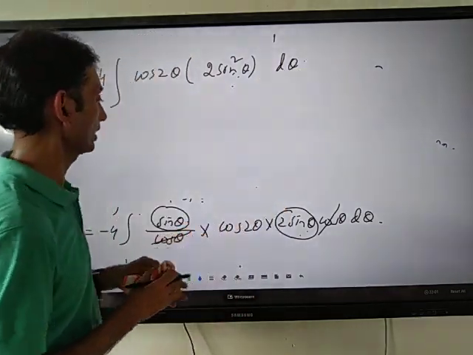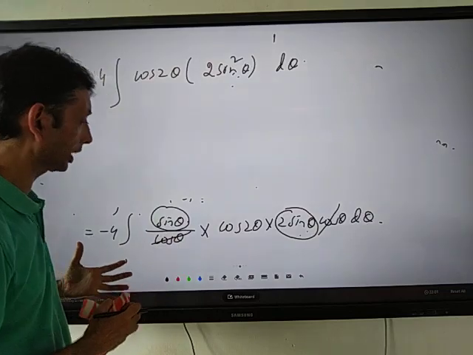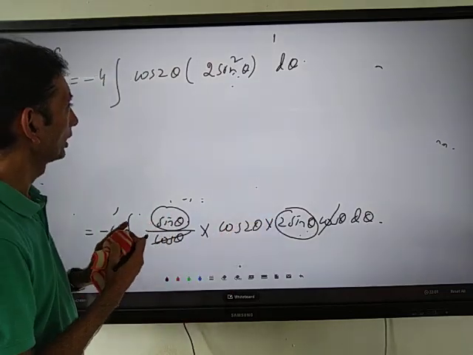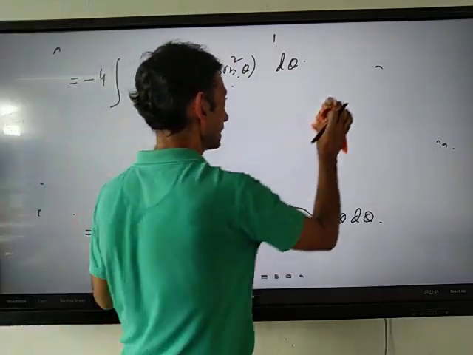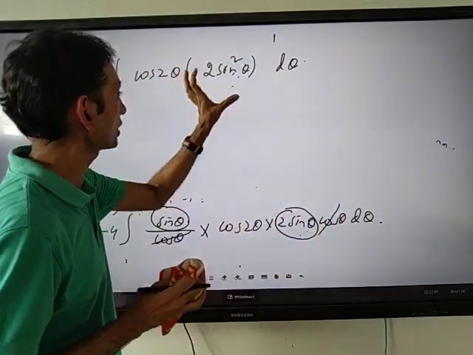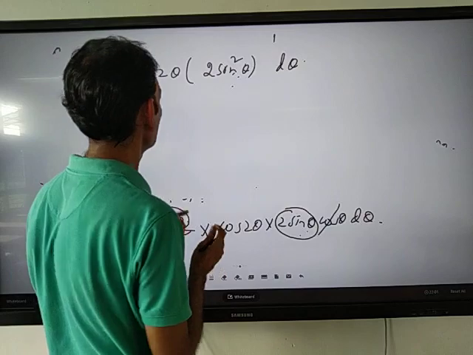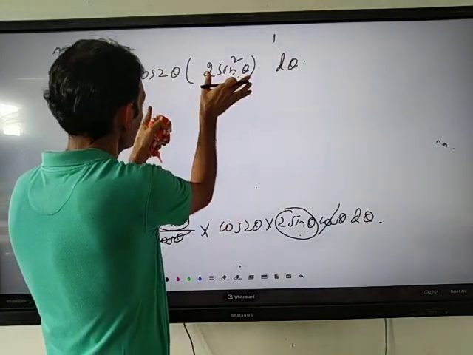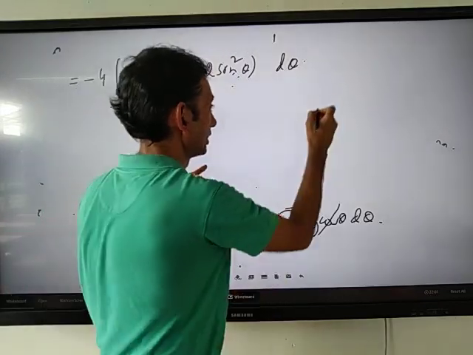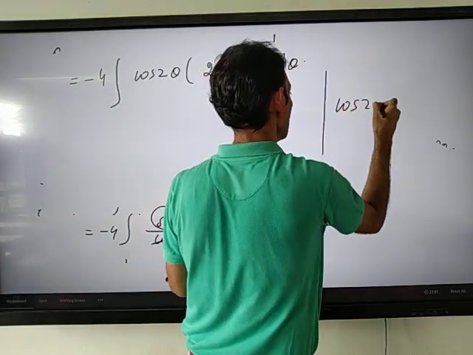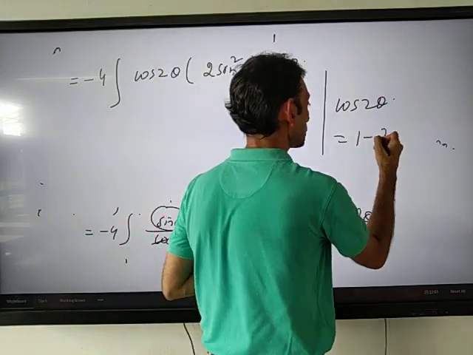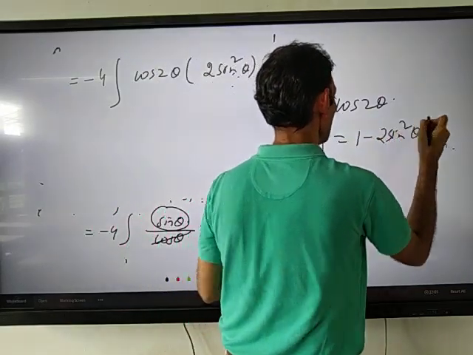Now I'll tell you the reason. The moment I saw 2 sine theta and sine theta, it came to my mind that we are getting a chance to use a formula, because this function is in the form of cos and sine. In case this one also you convert to cos, it becomes easier. We have a formula for cos 2 theta in terms of sine. What is the formula? 1 minus 2 sine square theta.